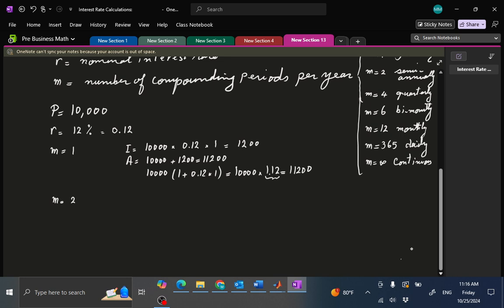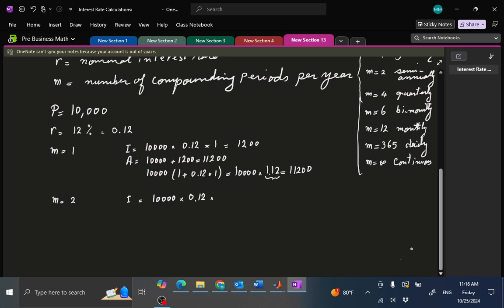Now, suppose you go to the bank and say, okay, can you give me my interest after 6 months, and I put that interest into the bank. So in this case, I calculate my interest: 10,000 at the rate of 12%, but I'm going to put it for half a year.